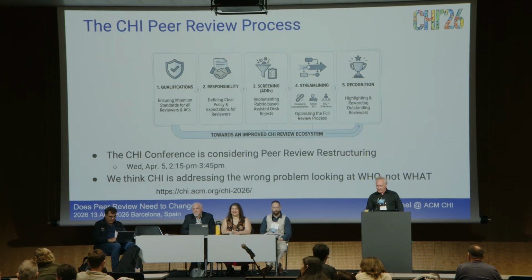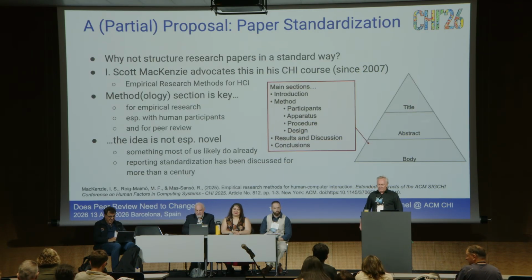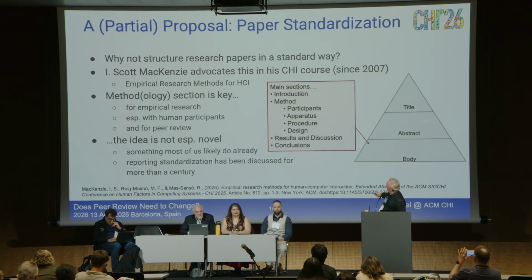All right, perfect. So what we're suggesting is not really new. In fact, Scott MacKenzie used to teach a course at CHI, until CHI decided to nix courses, on experimental design and empirical research methods. Towards the end of the course, he would also provide a kind of recipe for the paper.